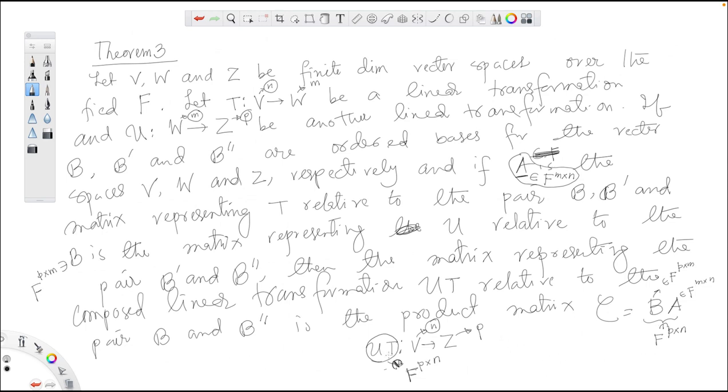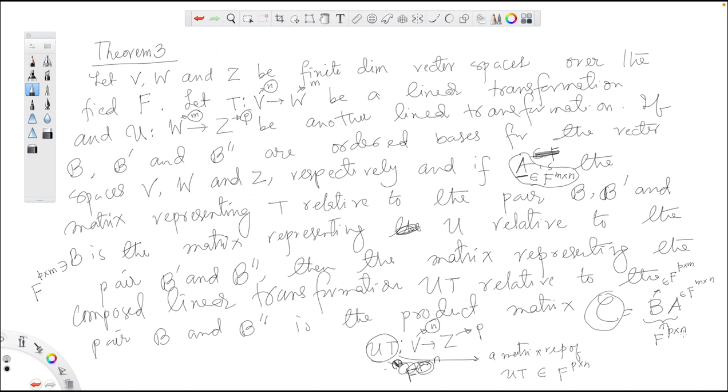Well, we should not write U composed with T belonging here; rather, a matrix representation of U composed with T should be in F to the p cross n, which is indeed this product matrix C. So Theorem 3 states that fact.